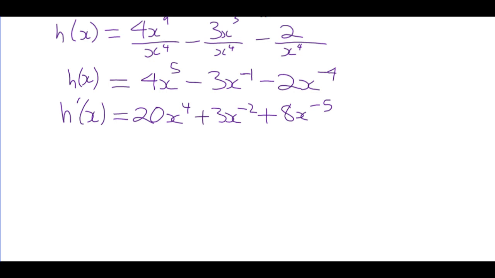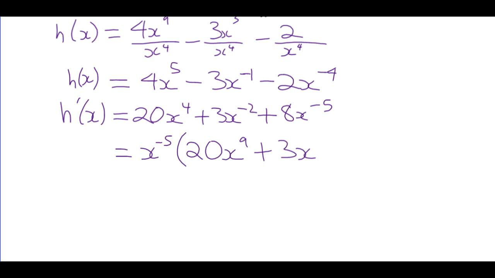Which we can then write, because God forbid you stop at this point, right? I'm done. No, you're not. So now what we do is we factor out the lowest power of x, which is x to the negative 5. So that gives me 20. x to the negative 5 plus something gives me 4, so 9. Plus 3x to the, I want to multiply that by something and end up with x to the negative 2.